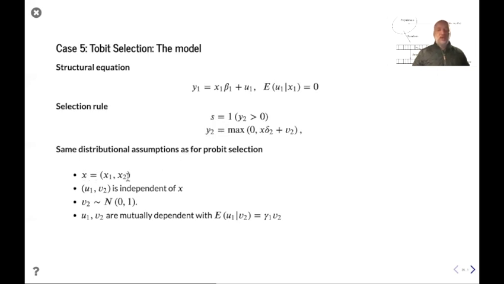Okay, so again, X, that's both X1 and X2. So we have some variables X2 that do not affect the wage, but may affect how many hours of work you may have. So for example, a classic example is the children at home, for females.